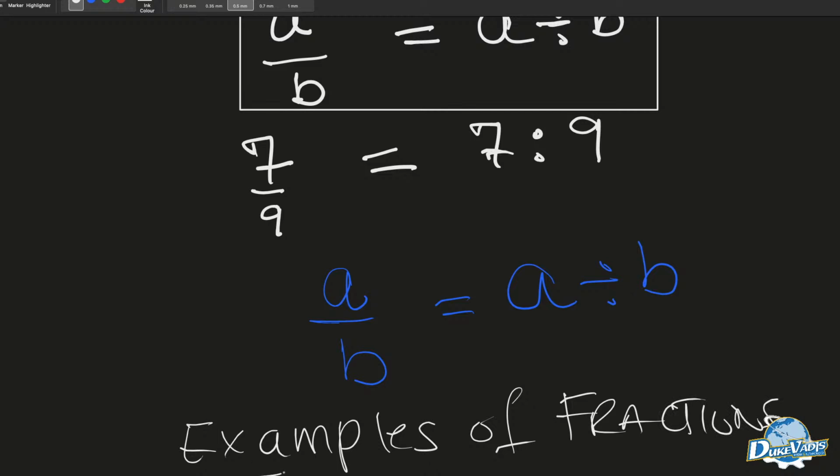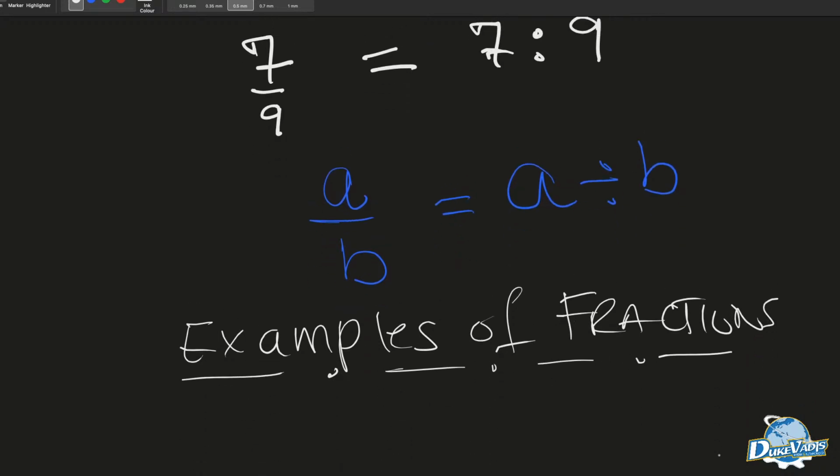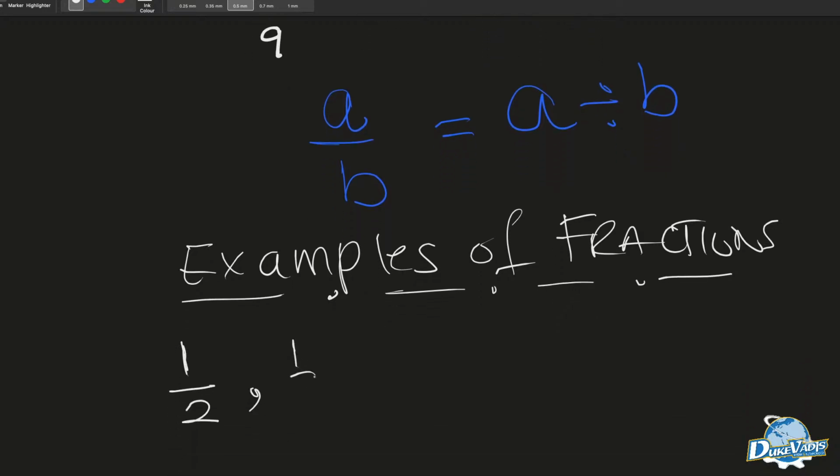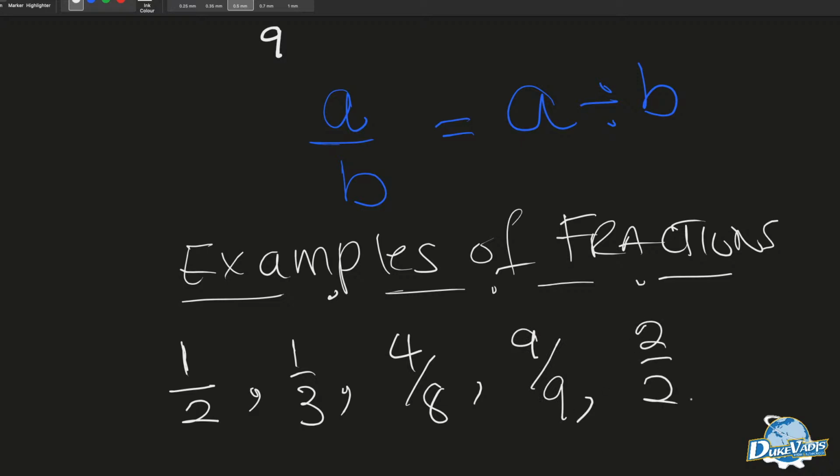As it's obvious, 1 over 2 is a fraction. 1 over 3 is a fraction. 4 over 8 is a fraction. 9 over 9 is a fraction. 2 over 2 is a fraction. As you can see, 8 over 18 is also a fraction.